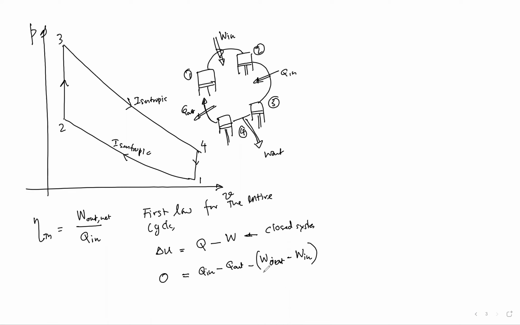This is our W net out, which is equal to Q in minus Q out, equal to 0.